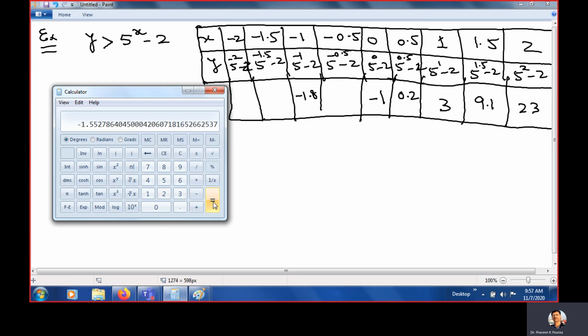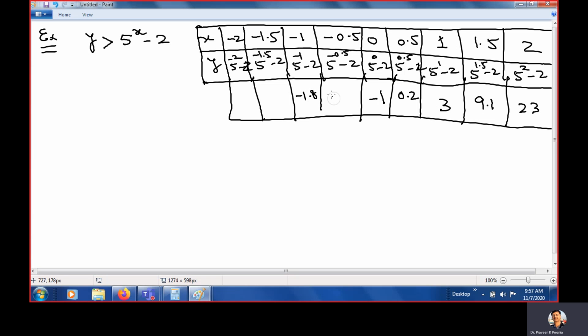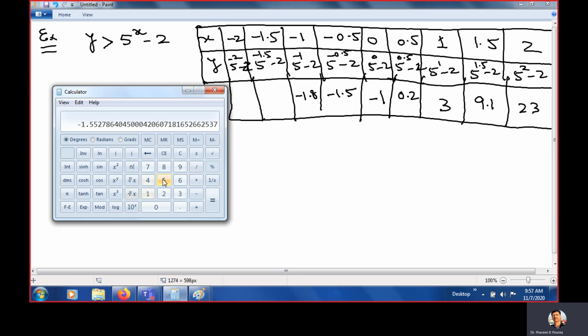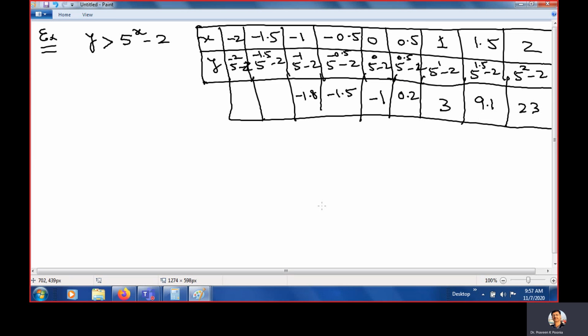How much? Minus 1.5. 5 power minus 1.5 minus 2 is minus 1.9.